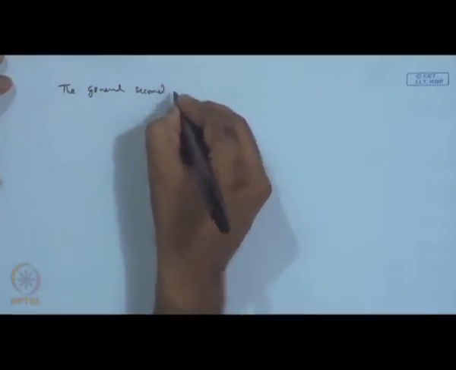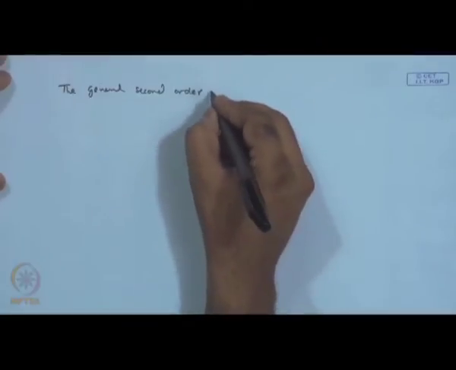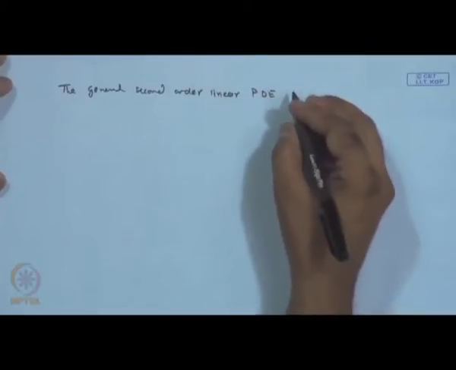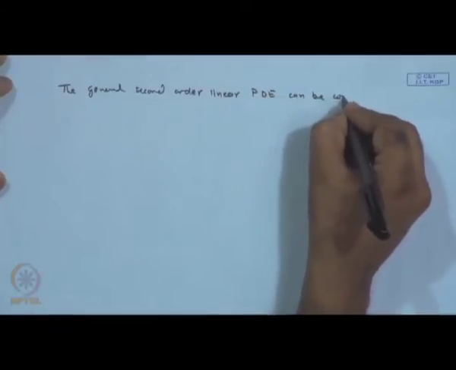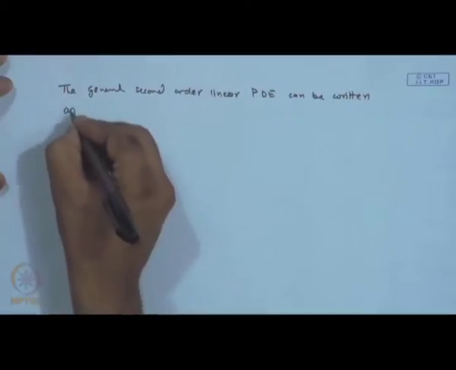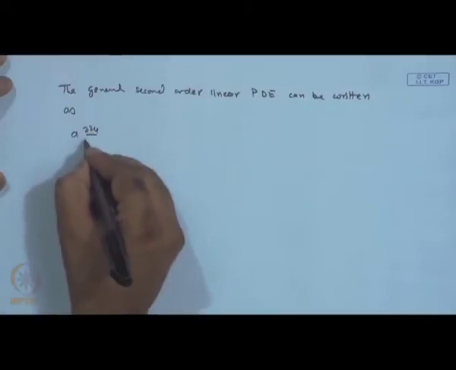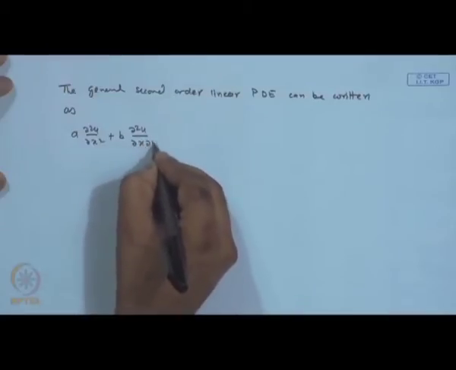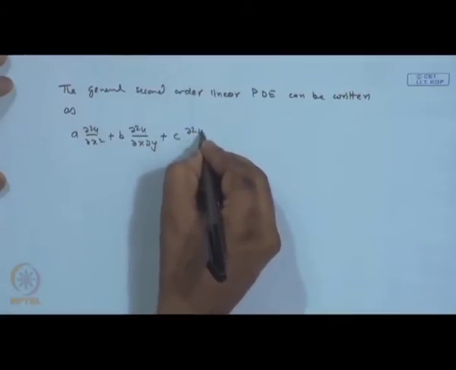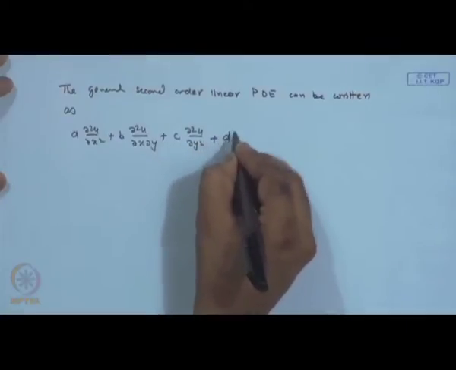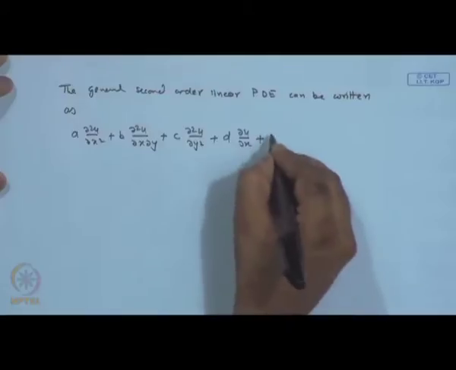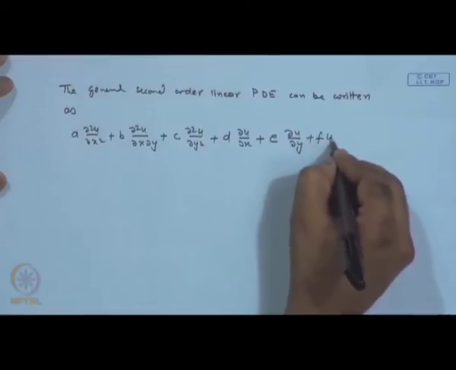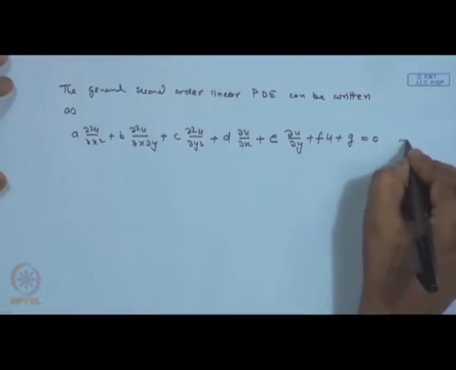second order linear partial differential equation, PDE, can be written as a del 2u over del x square plus b del 2u over del x del y plus c del 2u over del y square plus d del u over del x plus e del u over del y plus f u plus g is equal to 0.